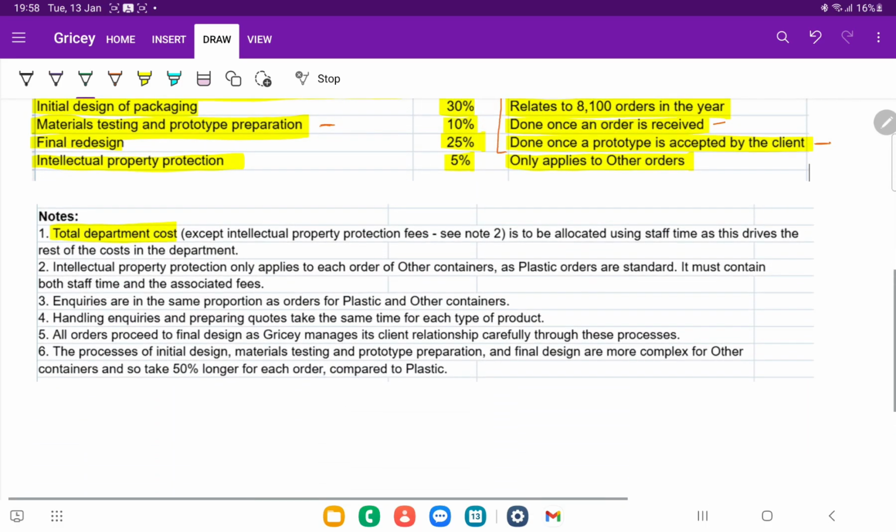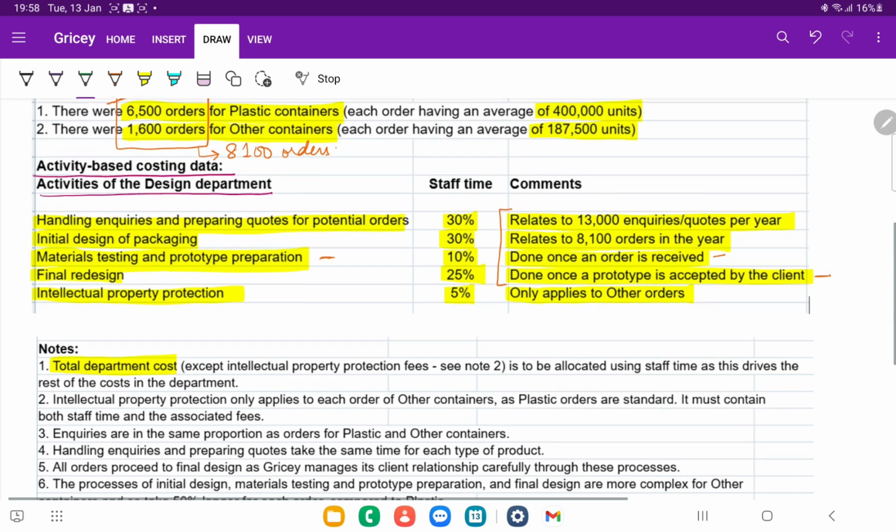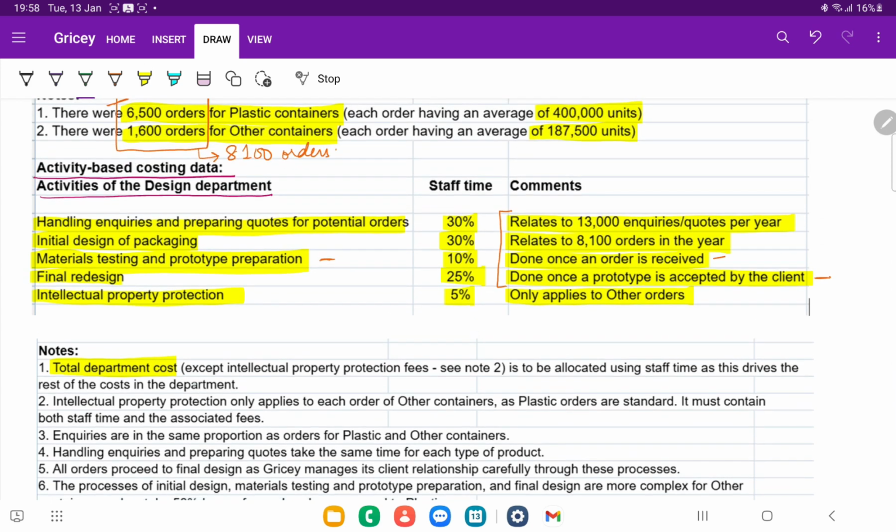So the question is saying total department cost except intellectual property protection fee, which is C. Note number 2 says it is to be allocated using staff time, as this drives the rest of the cost in the department.